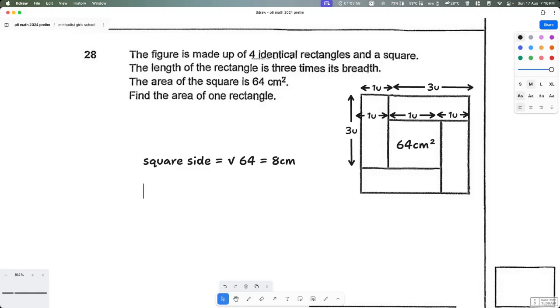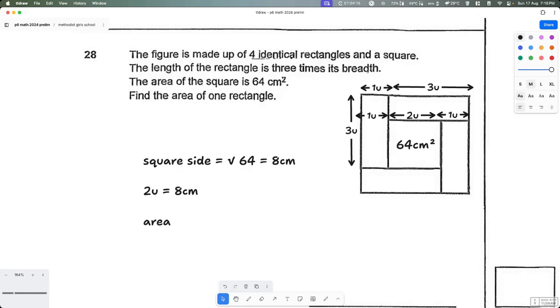Okay, and we know from this, no, this is 2 units, correct, what am I talking? So from here, square, so yeah, 2 units is equal to 8 centimeter.